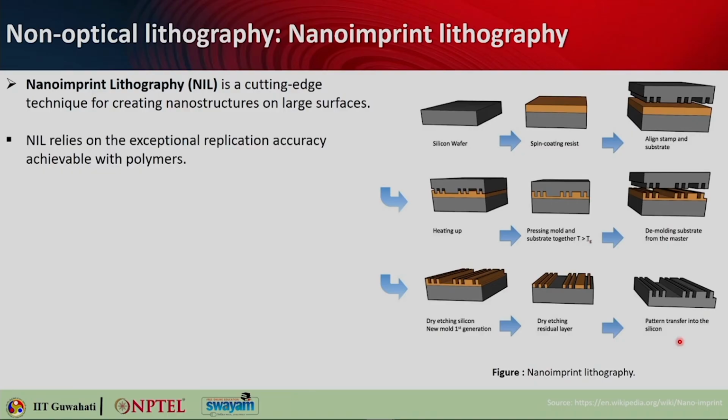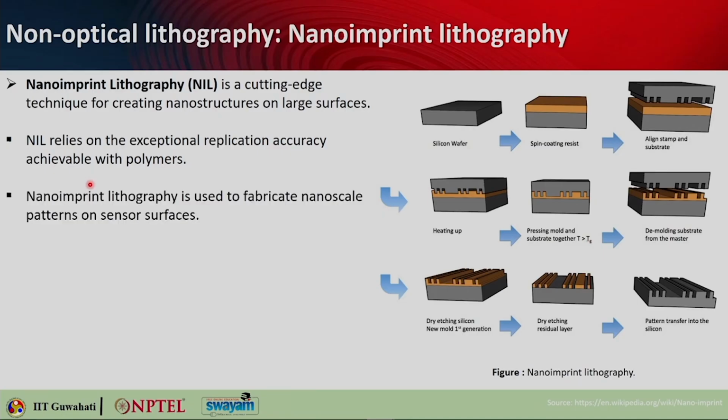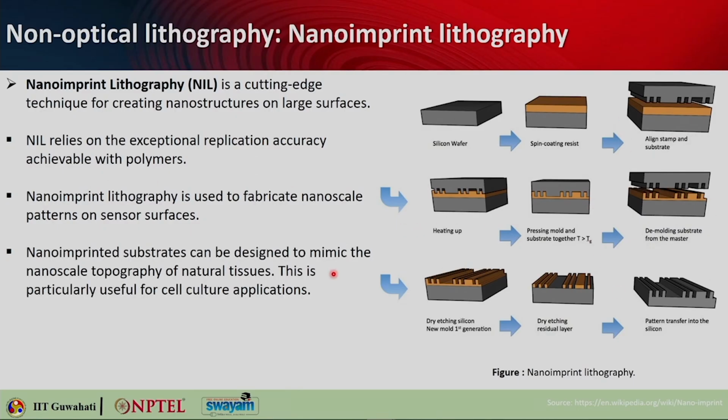As you can see here, this particular lithography relies on the exceptional replication accuracy, which is achievable with polymers. So, nano imprint lithography is used to fabricate nanoscale patterns on sensor surfaces. You can actually make this kind of patterns, and nano imprinted substrates can be designed to mimic the nanoscale topology of natural tissues.